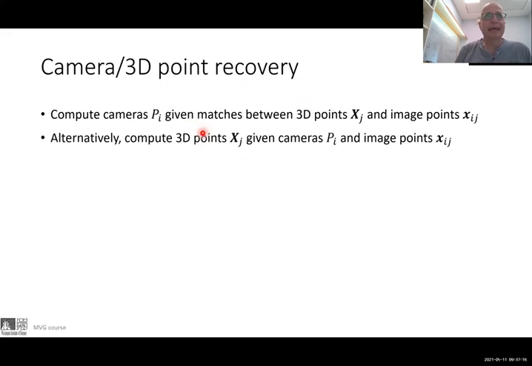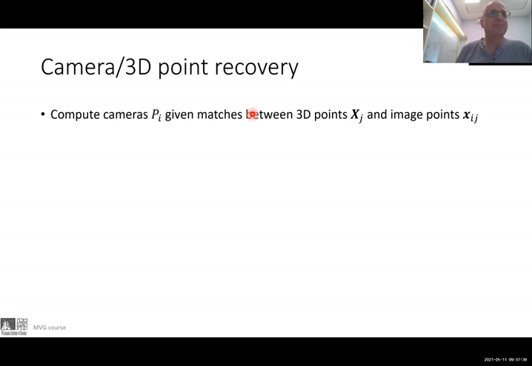And a second problem that will be essentially the same is the following. Suppose we are given 3D points. Sorry, I made a mistake. Let me repeat that. Let's start again.